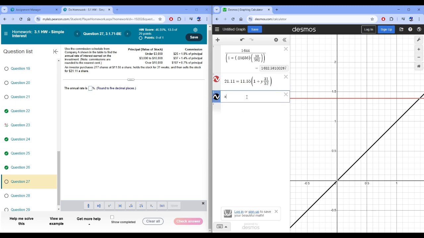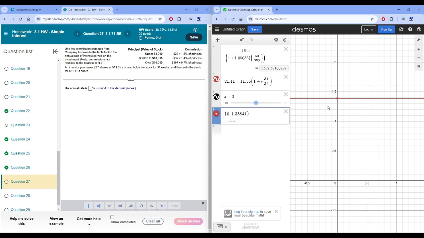Let me see if x equals 0. I think I just have to do it backwards. Yeah, I gotta do it backwards. It's gonna be the easiest. So let's do 21.11 divided by 11.55. Take this answer minus 1.